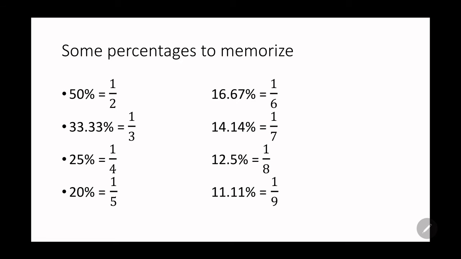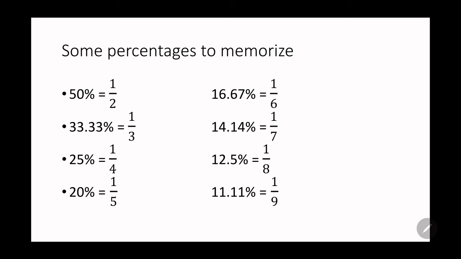For example, 50% is half, 33% is 1/3, 25% is 1/4, 20% is 1/5, 1/6 is 16.67%. Now keep in mind that sometimes you might be given a rounded number, that is 16%, not exactly 16.67, but you should be comfortable in converting these fractions and percentages back and forth.